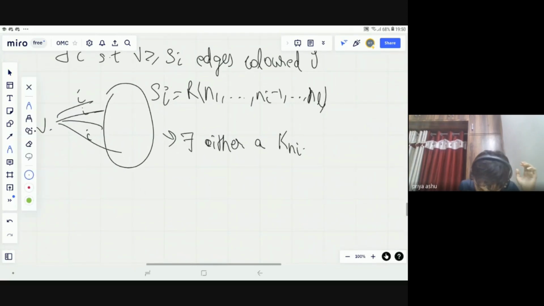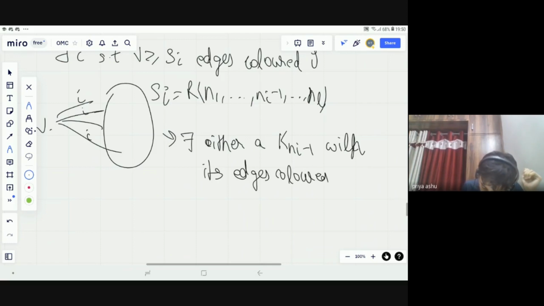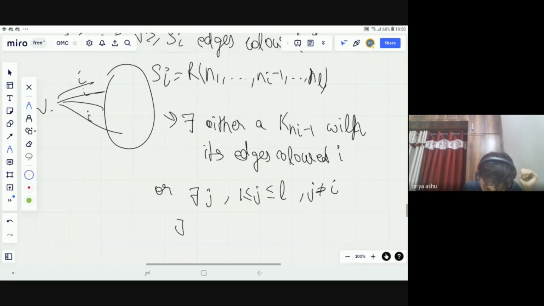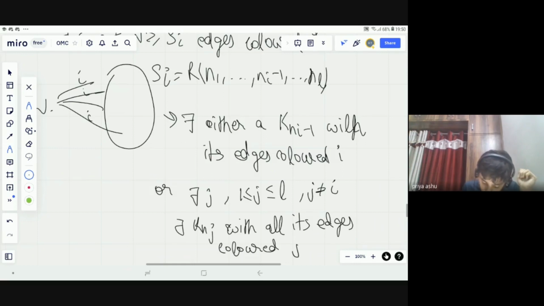a K n_i minus 1 with all its edges colored I, or there exists a j between 1 and L, and j is not I, and there exists a K n_j with all its edges colored j.